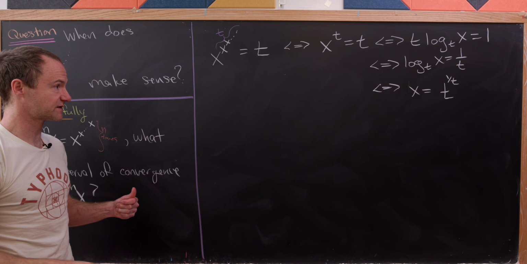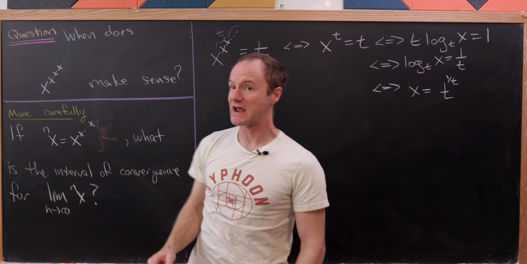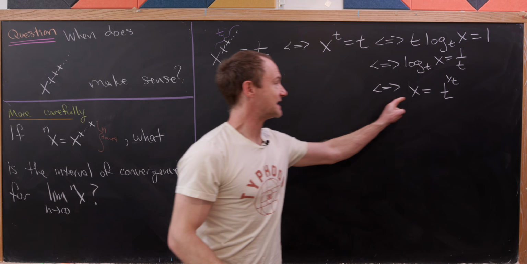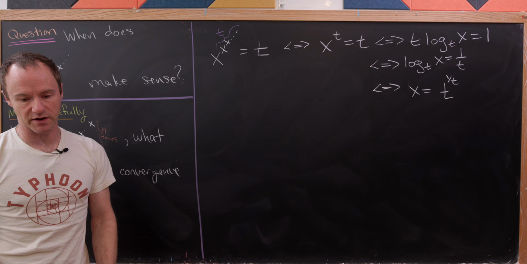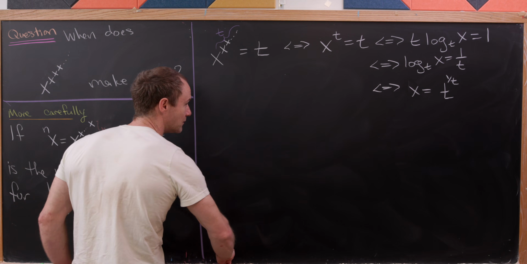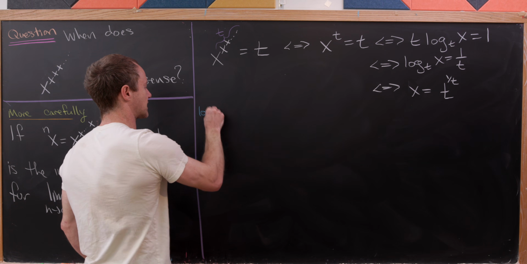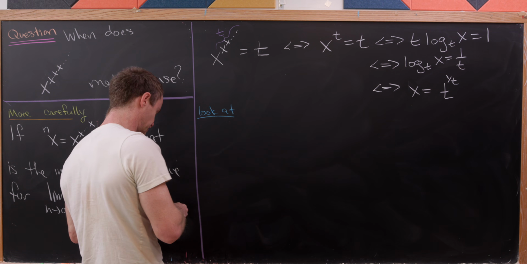In other words, this kind of object makes sense if x is the image of this function t to the 1 over t. So that motivates us to look at that function for just a second.